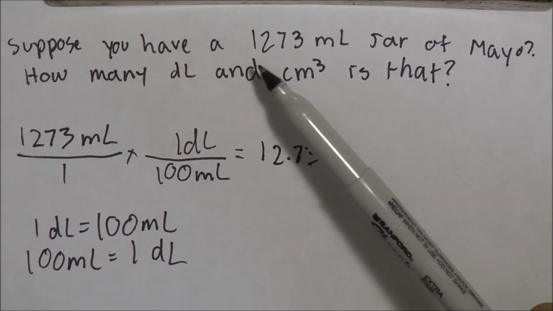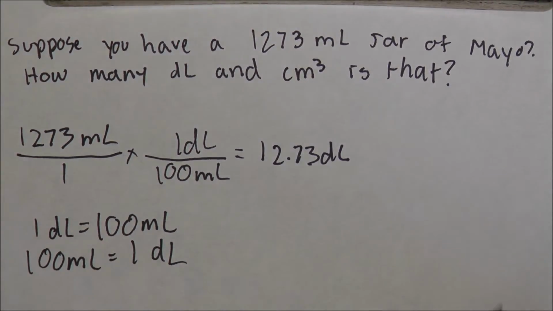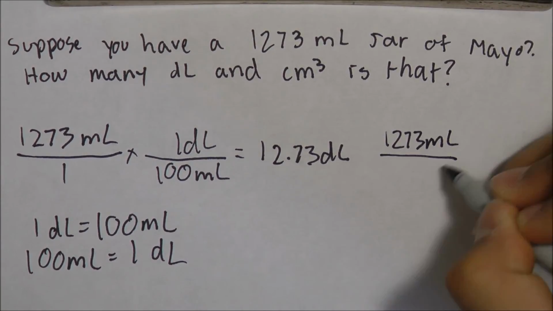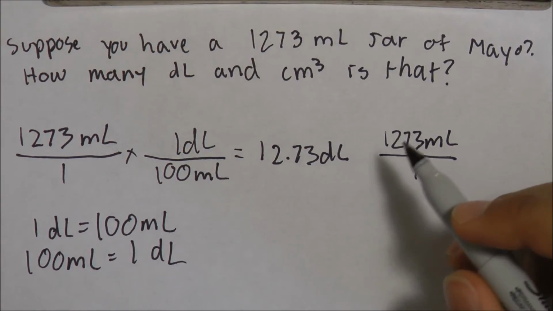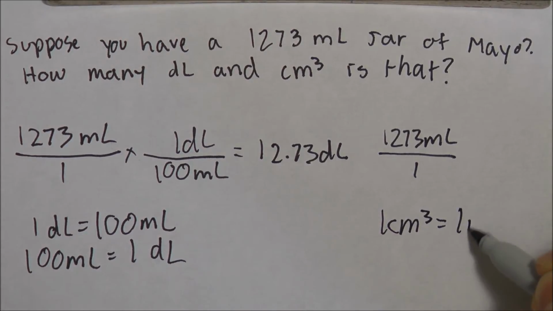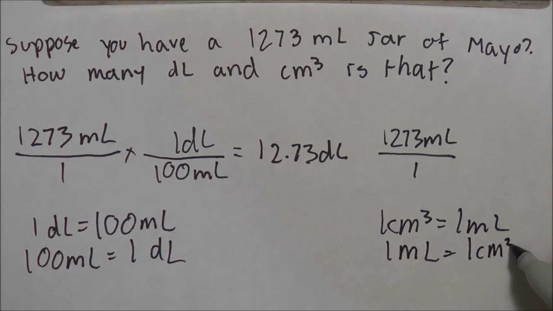Now, how do you want to change 1,273 milliliters into cubic centimeters? Well, first write out 1,273 milliliters over 1. And then you need to change that into centimeters cubed. Well, 1 centimeter cubed is equal to 1 milliliter, and 1 milliliter is 1 centimeter cubed.